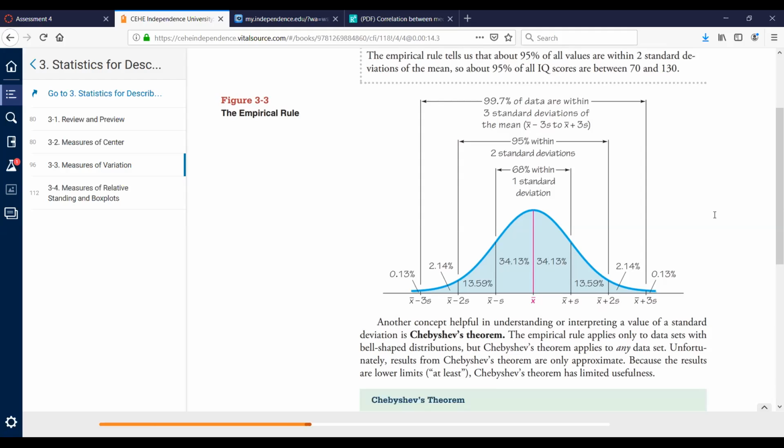Z-scores are simply a measure of how far away from the center of your data set you are, the number of standard deviations. How do we calculate a z-score? We calculate a z-score by dividing the value of the data point by the standard deviation.